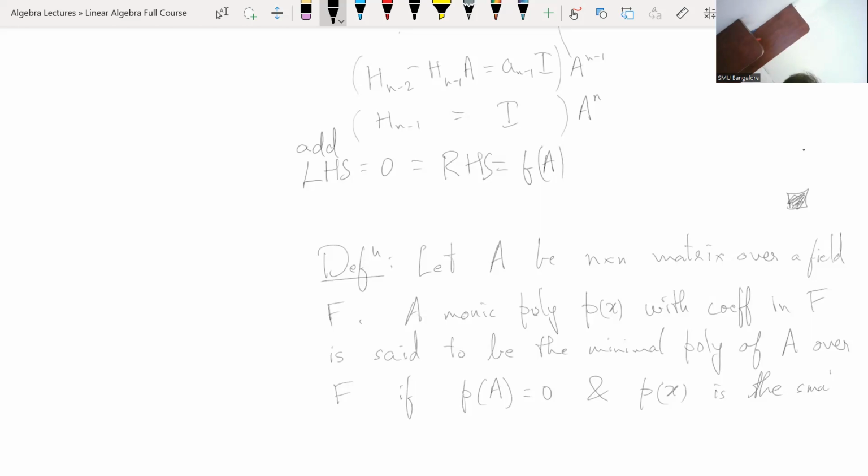So p(x) is the least degree monic polynomial with this property.